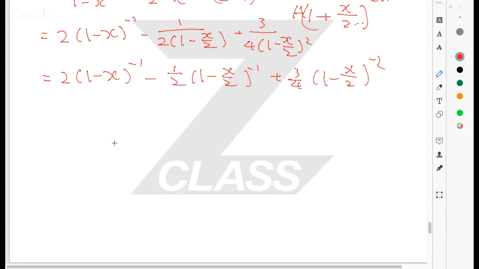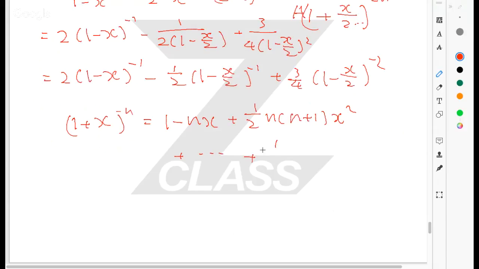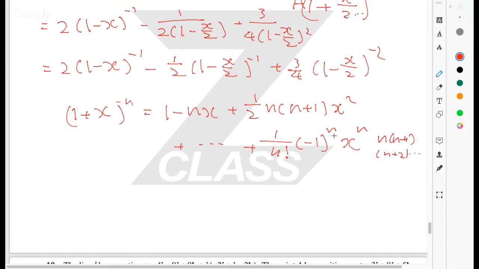And at this stage, you can just plug in the formula. So 1 plus x to the power of minus n is simply 1 minus nx plus 1 over 2 n times n plus 1 x squared, plus and so on, up to plus 1 over n factorial, minus 1 to the power of n, times n, n plus 1, n plus 2, and so on, times x to the power of n.